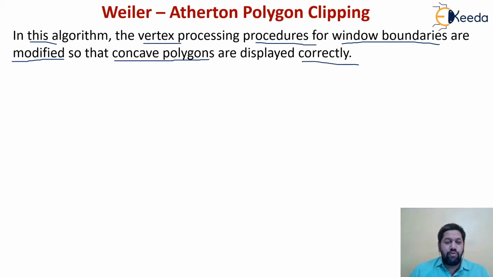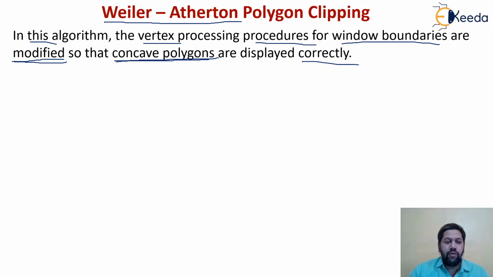Considering the case of concave polygons, which are not displayed correctly in the Sutherland-Hodgman algorithm, the Weiler-Atherton algorithm modifies the vertex processing procedures for window boundaries. The procedure that we use in Sutherland-Hodgman is modified so that concave polygons will also be displayed correctly.